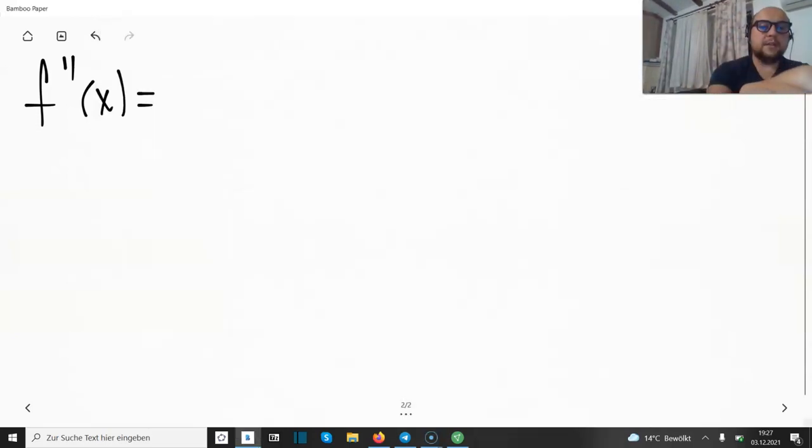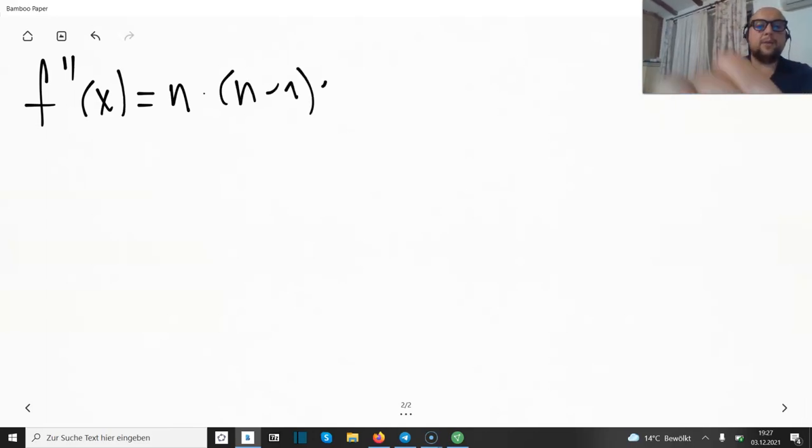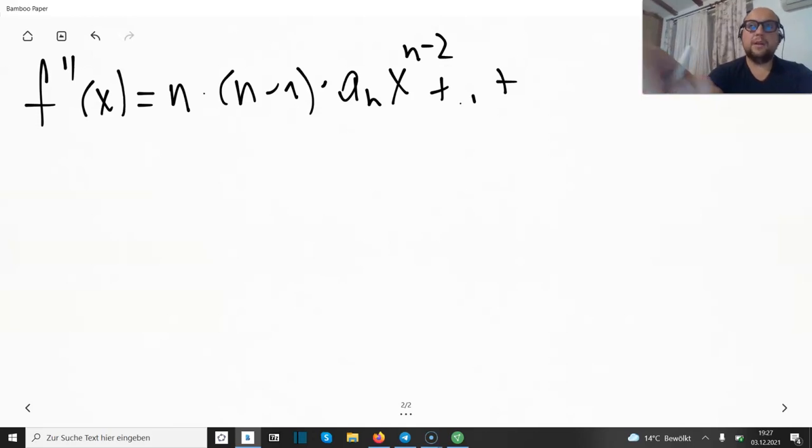So the second derivative is n times n minus 1 times a_n x to the power of n minus 2 here. And let's skip it. So we had 4a4, now we have 4 times 3 a4 x to the power of 2 plus, then we have 3 and 2.